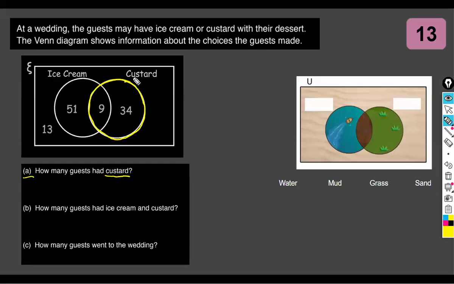So if they're referring to the whole circle, then it will be 34 plus 9. When I add it up, I get 43. Now, if they said custard only, they use the word only, then the answer would have been 34. But they did not use the word only. So the answer is 43.